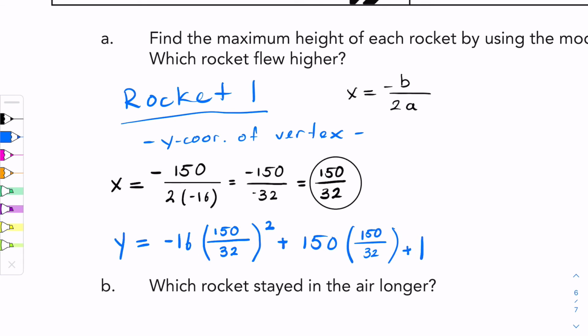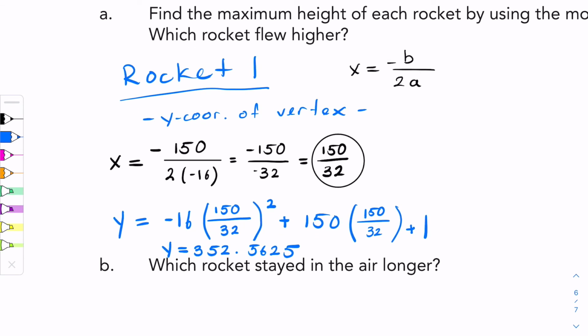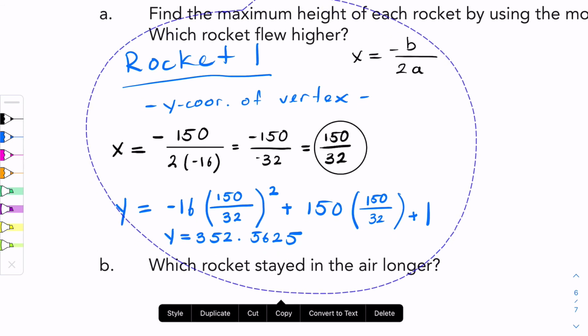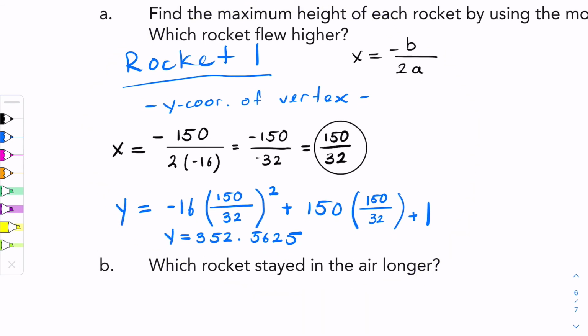Okay, when I simplify this, I get a y value of 352.5625. So that is the maximum height for rocket 1. Again, this is the y-coordinate of the vertex.